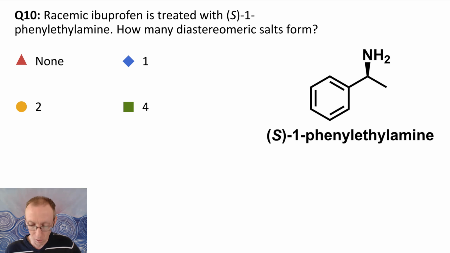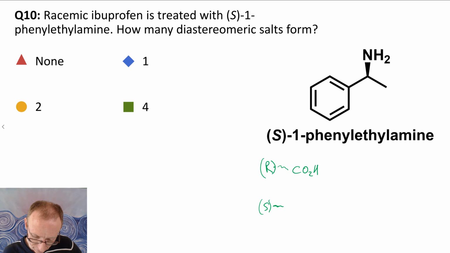So let's not draw the whole of ibuprofen, but let's just say that we have R ibuprofen is some molecule with a carboxylic acid, and S ibuprofen is some chiral molecule with a carboxylic acid like that. When you react those with the S amine, we're not drawing the whole structure, we're just drawing it diagrammatically like this.